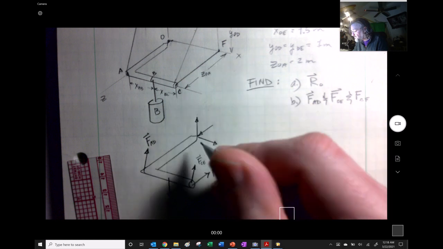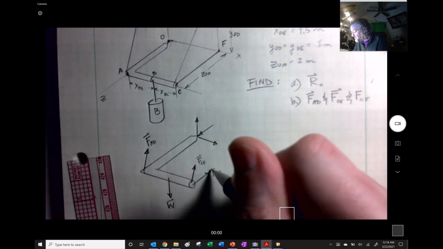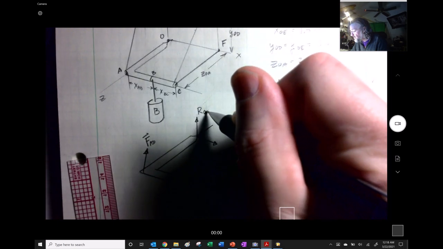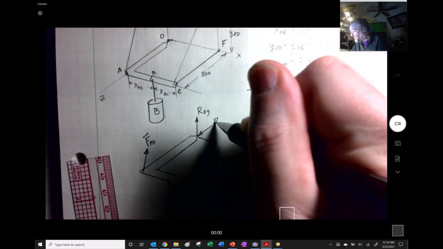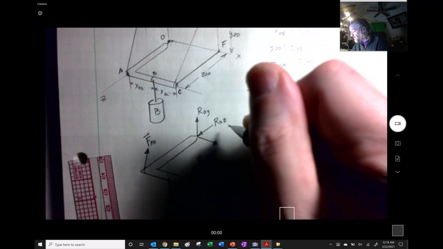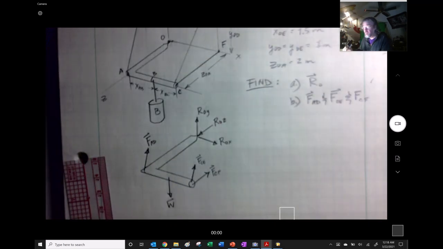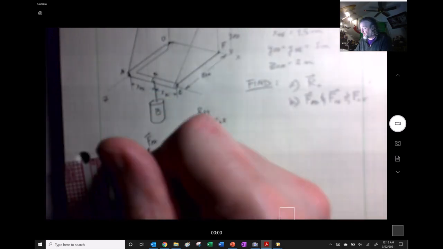See that? I just don't know if I feel as though that's redundant. We'll see. Here's my reaction at O in the Y, my reaction at O in the Z, and my reaction at O in the X. I select them all by default as positive.